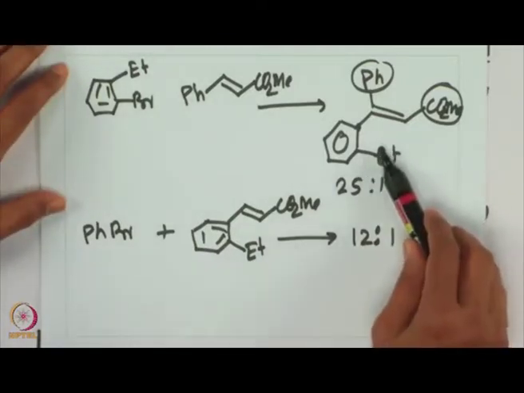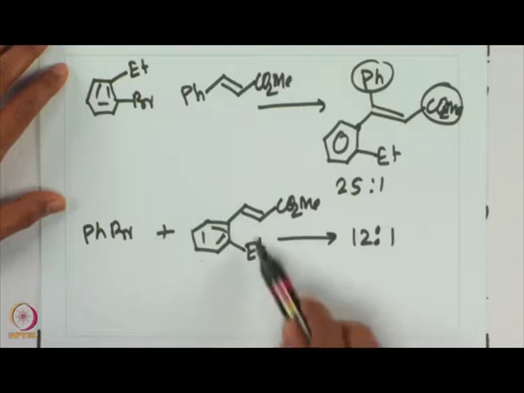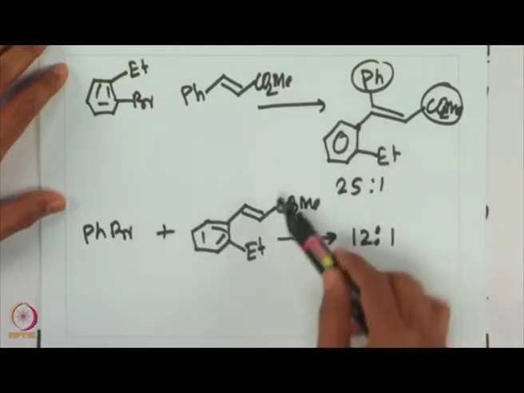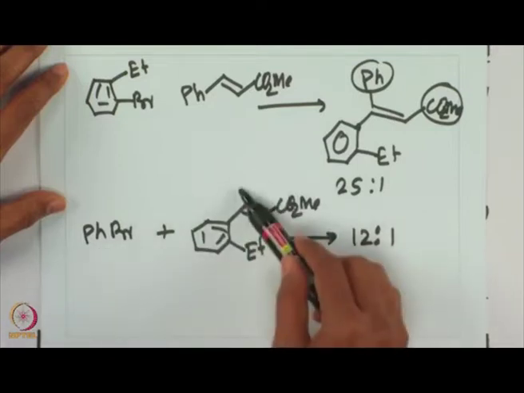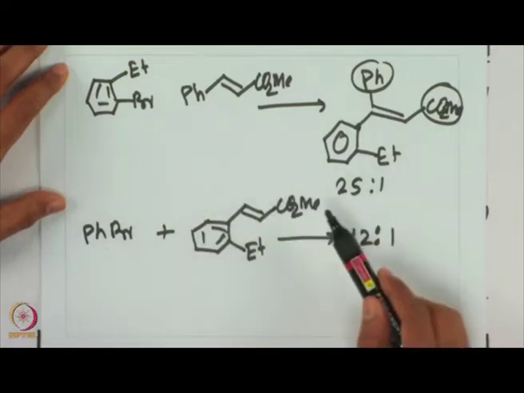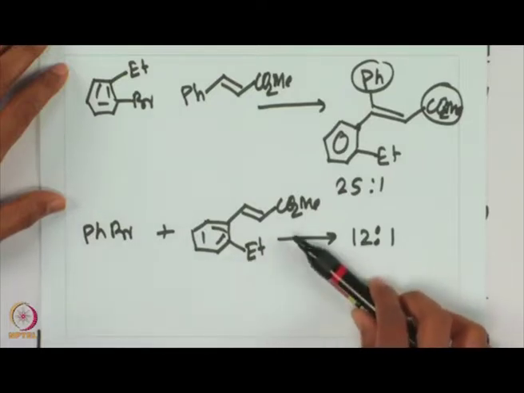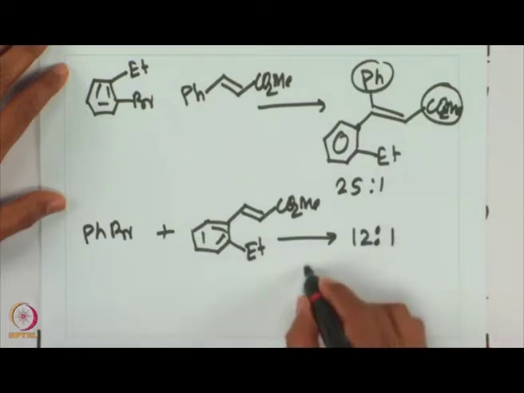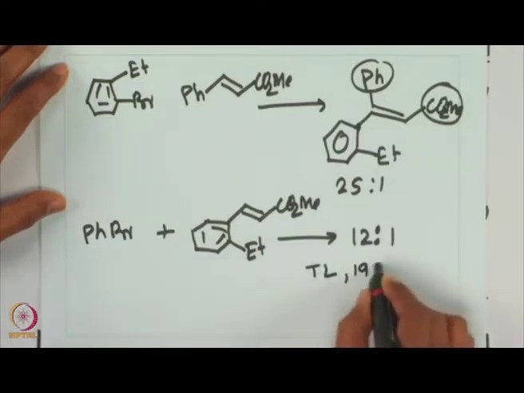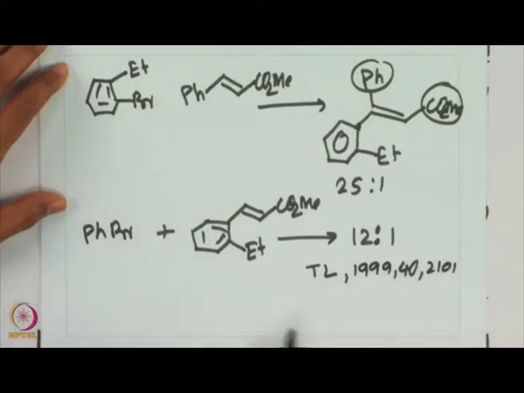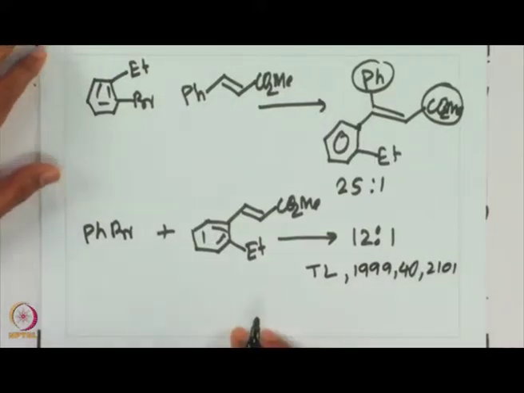We get the same product, but starting with this substituent at this side, it is not rotating to the other side, and phenyl is actually coming and adding from this side. So, the selectivity in this case is thermodynamic in nature, and that is by Koenig, Tetrahedron Letters, 1999, 402101. That is interesting.